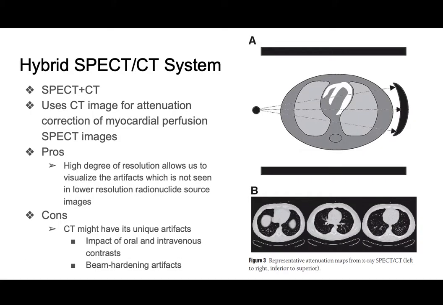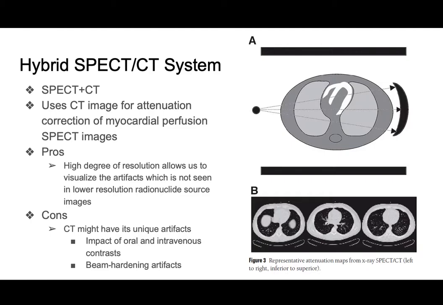These days we have the hybrid SPECT and CT system, which is a combination of SPECT and CT. CT images are used for creating the attenuation map, and then we can apply that map to the SPECT to correct for attenuation.